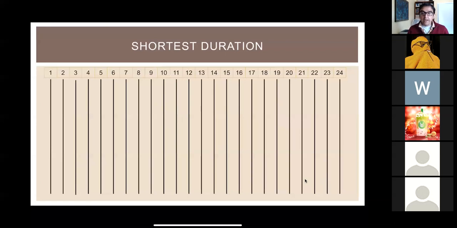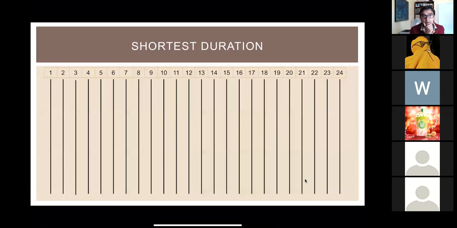Okay, so there are some questions about conflicts. What we're going to do here is always the same. We're going to pick the next event according to our greedy strategy, then remove any event that conflicts with the one we've chosen, and then pick again from those remaining according to our greedy strategy.